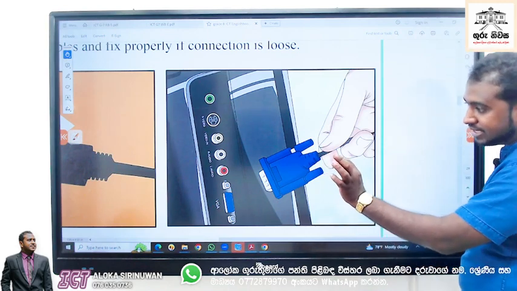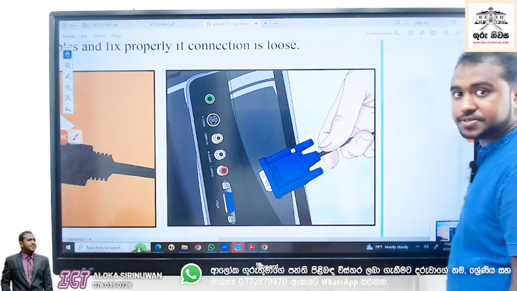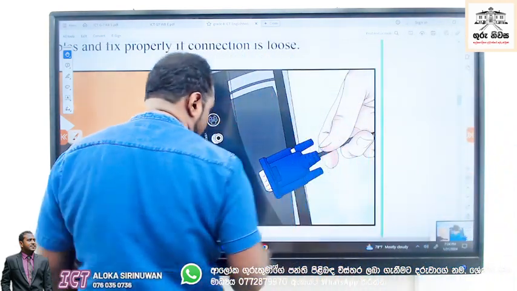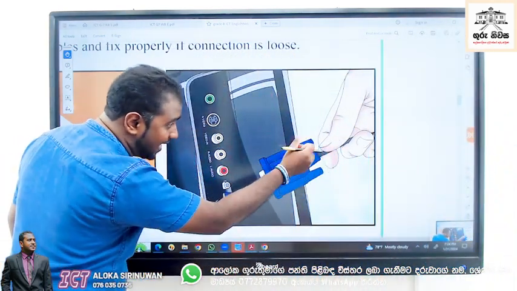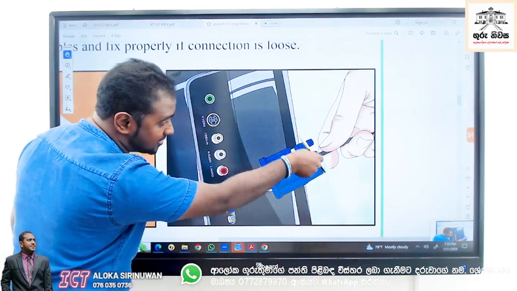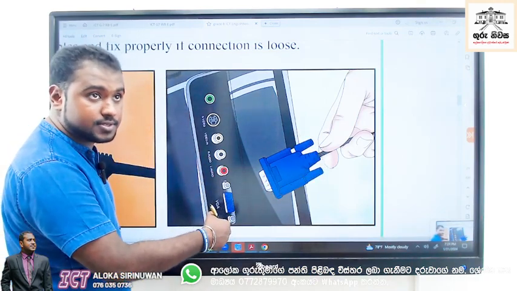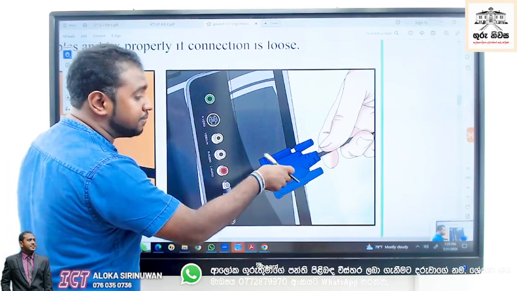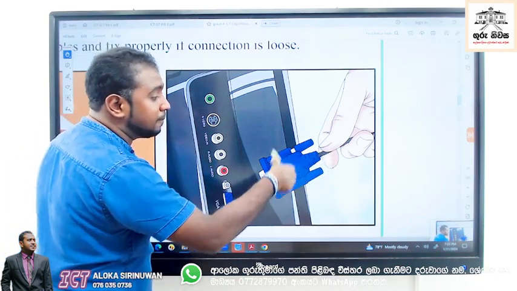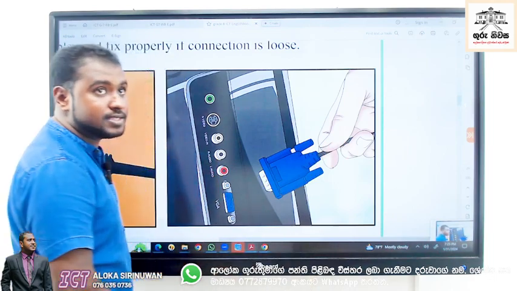You have to scroll it up, right? Just after you have plugged this one, you have to screw and tighten those nuts to get it fixed perfectly. If not, it may be released, it may be unplugged automatically.